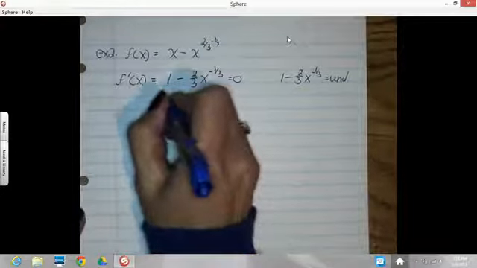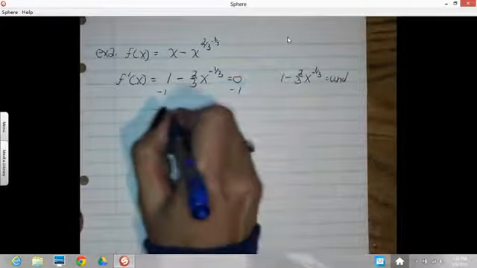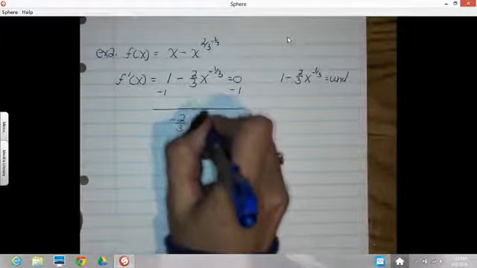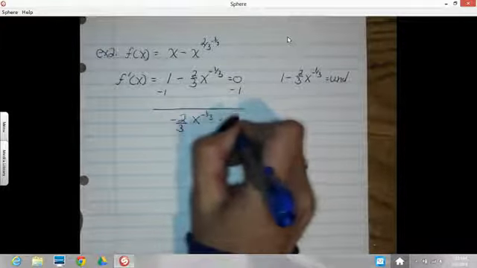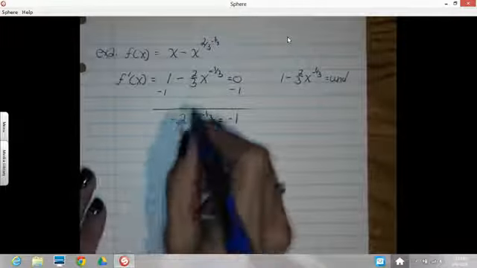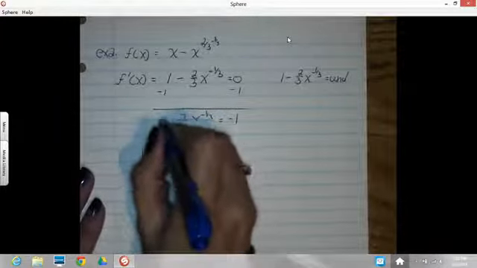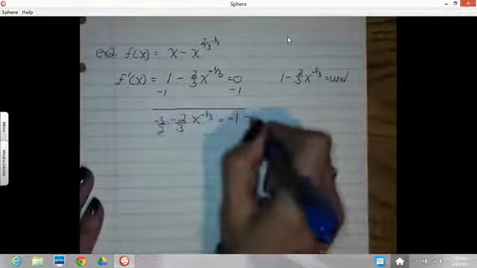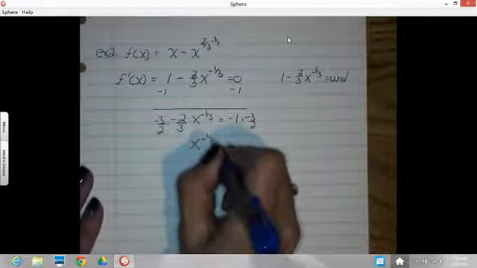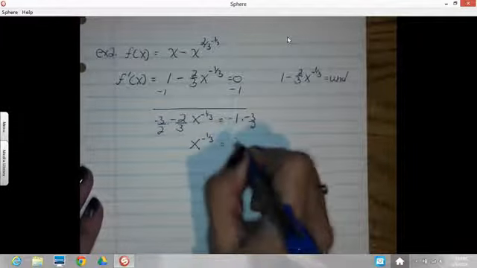Subtract 1 from both sides. Negative 2/3 x to the negative 1/3 equals negative 1. Get rid of the negative 2/3. So I'm going to multiply by a negative 3/2. So I've got x to the negative 1/3 equals a positive 3/2.